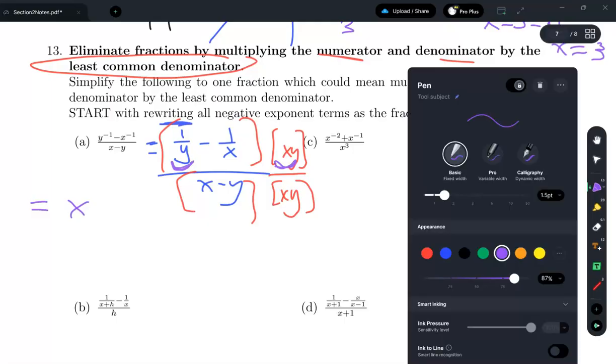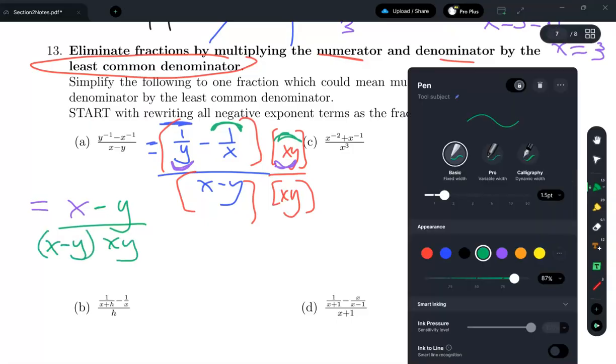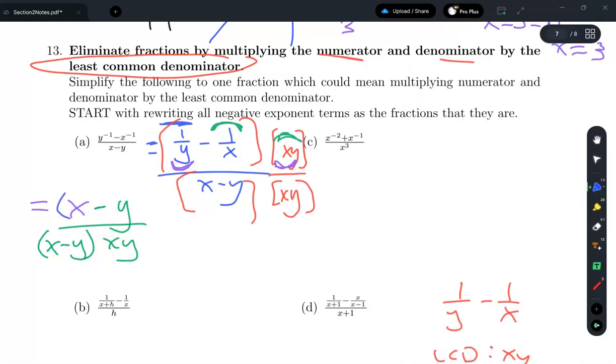And then if I take this 1 over x times xy, that gives me y. And I know I have a subtraction in between. Almost never do you multiply the denominator out. So let's just leave it. And will you look at that? Can you see that these two terms cancel? So I'm just left with 1 over x minus y.